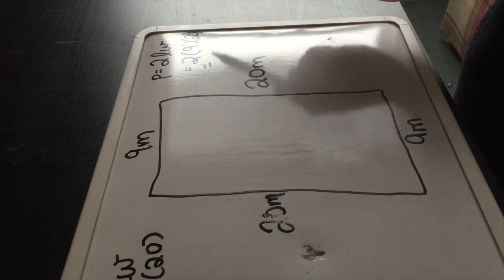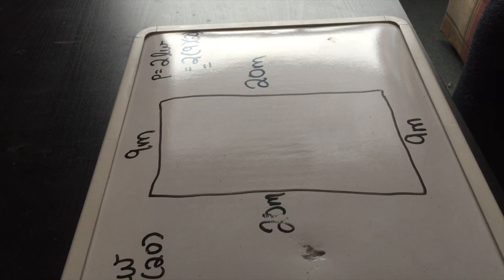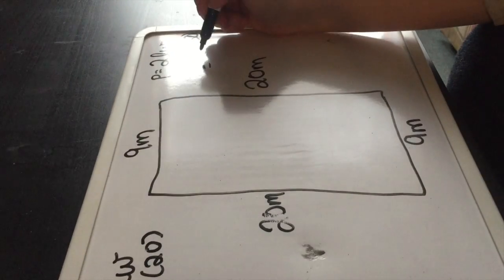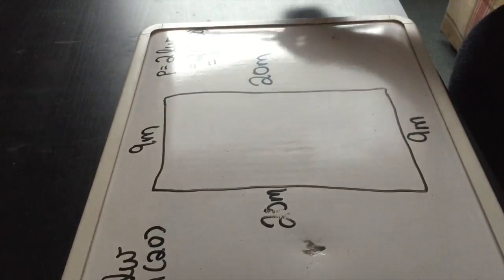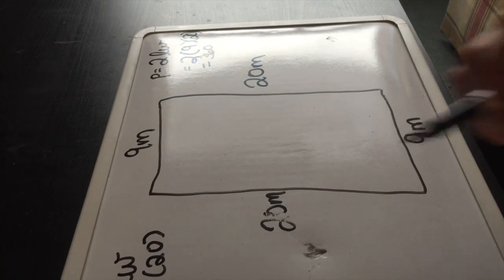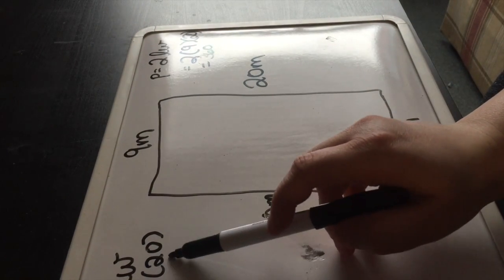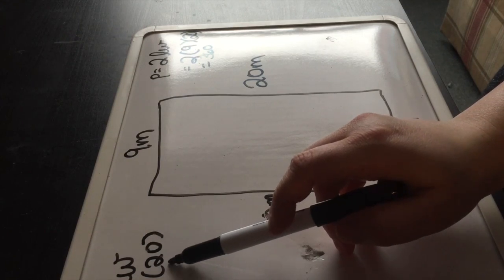2 times 20 is 40. 40 times 9 is really hard to do in your head. However, 4 times 9 is 36. So we just added 0, 360. This one, 9 times 2. We know that's 18.